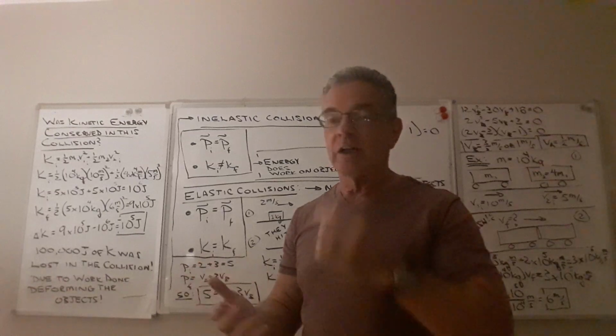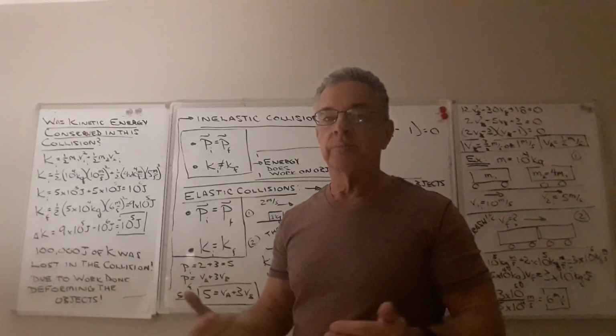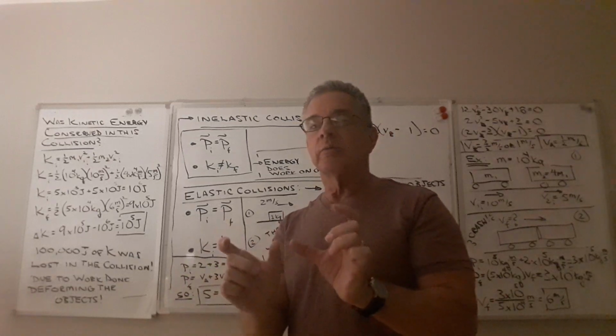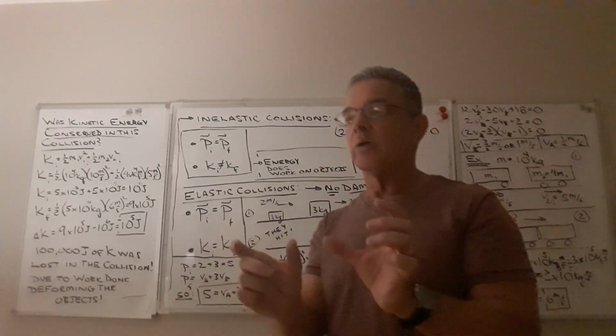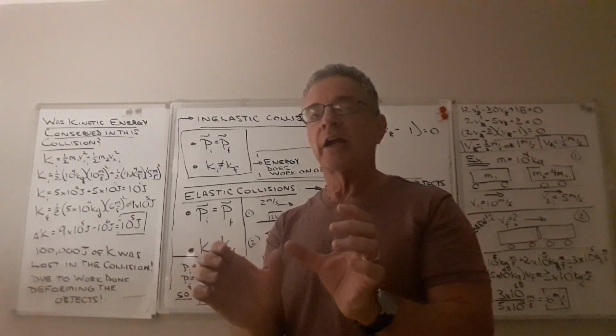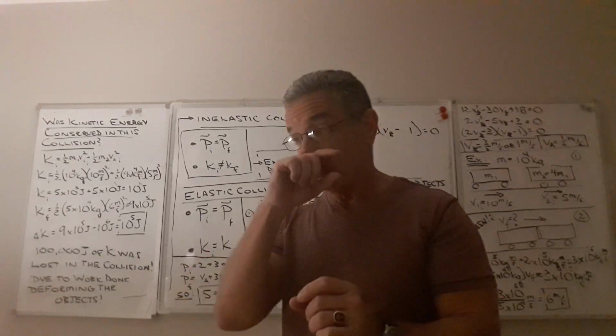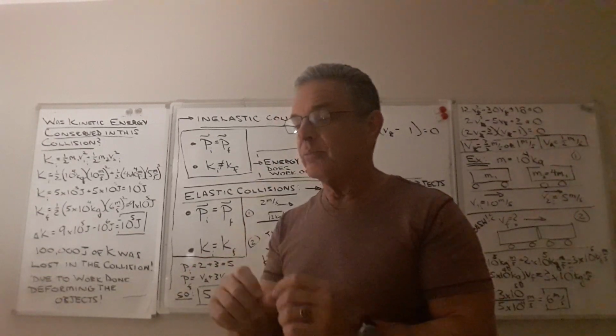An example of an elastic collision would be, say, two billiard balls hitting each other. If you could look at them with a microscope in slow motion film, you could see that they actually deform a little bit during the collision. The collision takes a certain amount of time, and then they part.